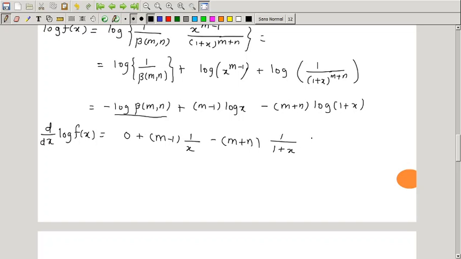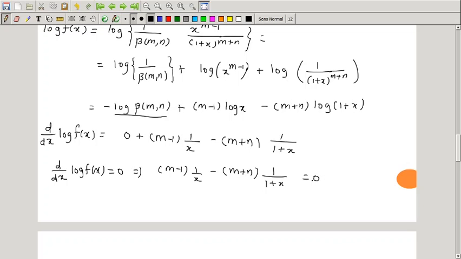So this is the derivative and we equate it to 0. So that means d/dx of log of f of x equals 0. So we get (m minus 1) into 1 upon x minus (m plus n) into 1 upon (1 plus x) equal to 0.